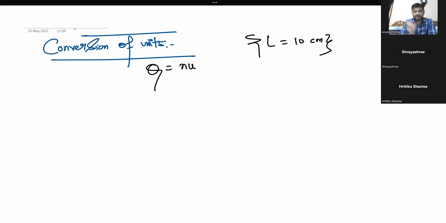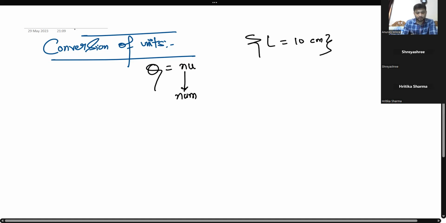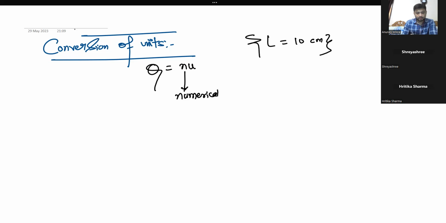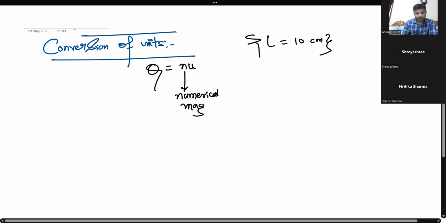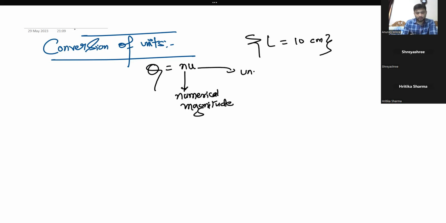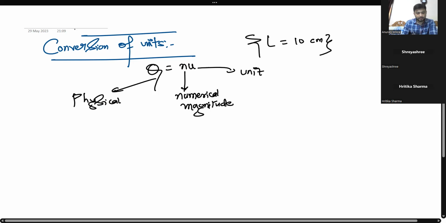This 10 times that we wrote, 10 is called n, which is known as the numerical magnitude, and the standard that we take, centimeter, is known as the unit. So whenever we write the measured value of any physical quantity, our Q should be equal to N multiplied by U.